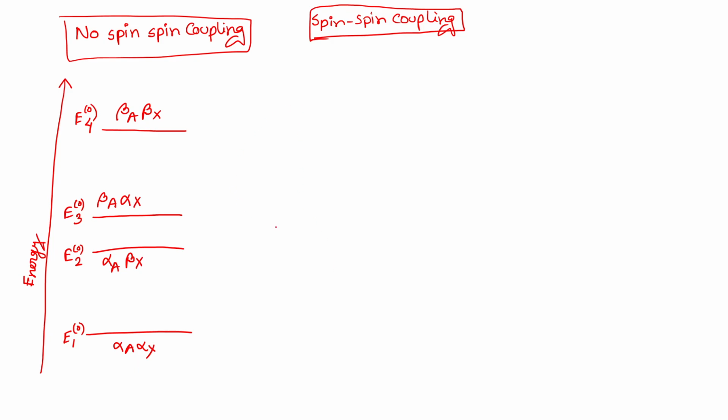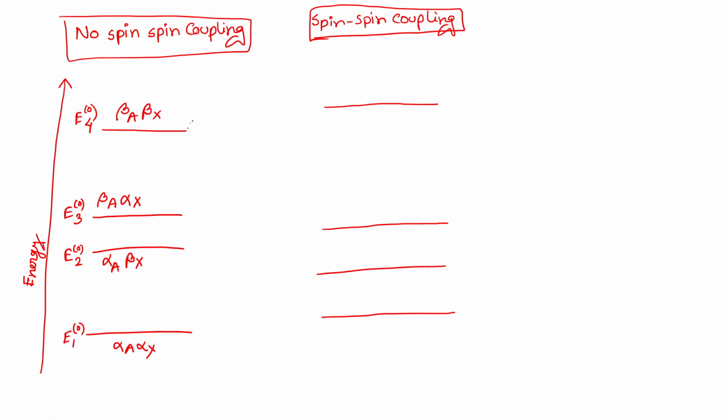Now according to the coupling, we are going to get something here. So your first two are going to be destabilized by similar energy, and the second ones are actually going to be stabilized.